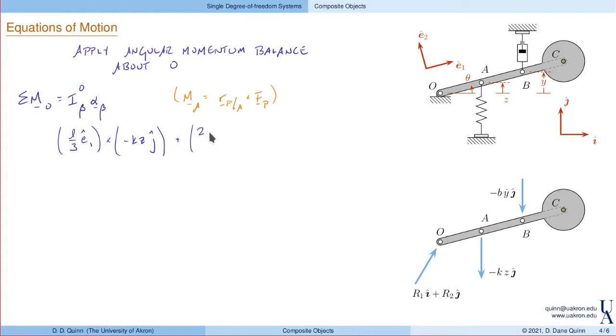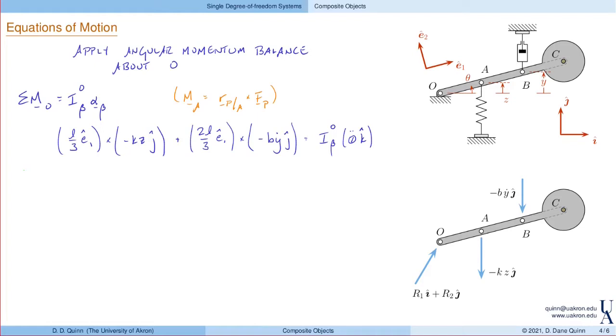Moment arm here is the R of B with respect to O, 2L over 3 in the E1 direction, cross the force itself, minus B, Y dot in the J direction. And that's going to be equal to the moment of inertia of this object about point O times the angular acceleration, which we already said was theta double dot in the K direction.